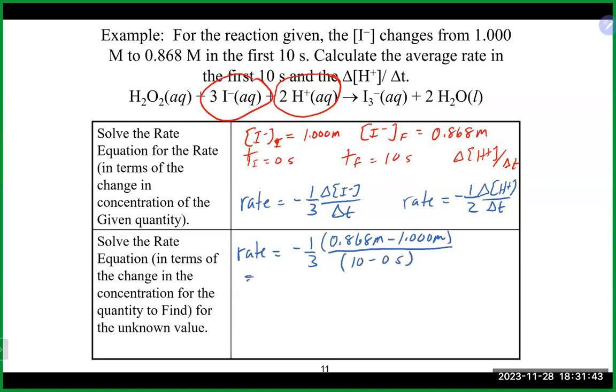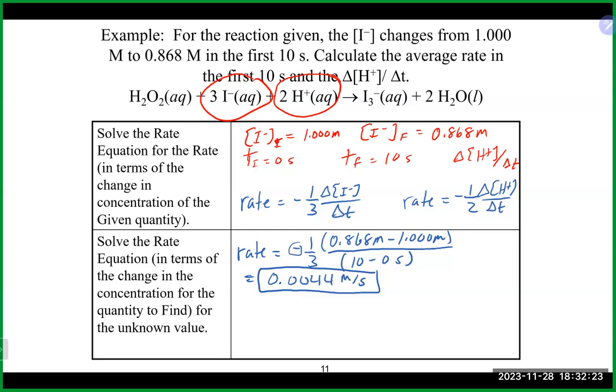That is going to get us an average rate. 0.868 minus 1 will give me a negative number divided by 10, and we also need to divide by 3 to take into account the stoichiometry. The negative that we're going to get here will turn our rate into a positive number, which is what it should be. And that would be molarity over seconds, as the units will not cancel in this particular case. And that would be our average rate in this case. Question on that so far?